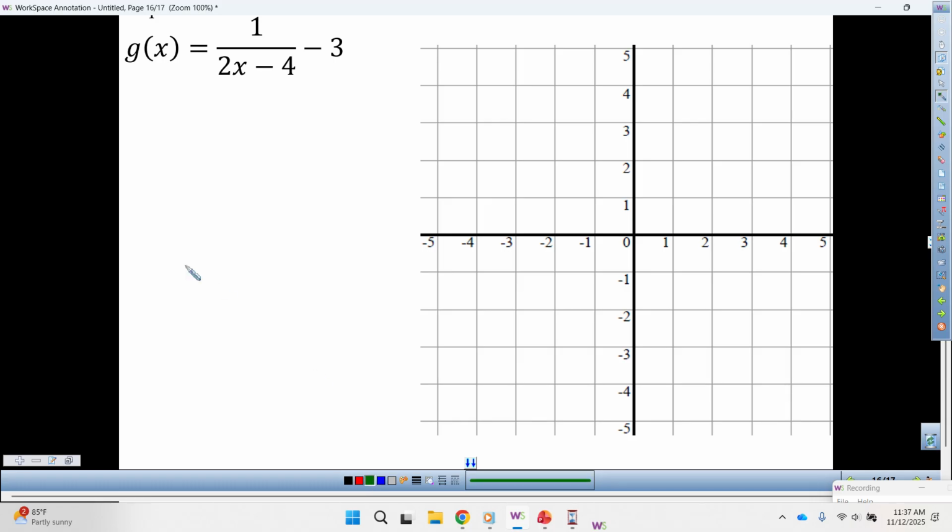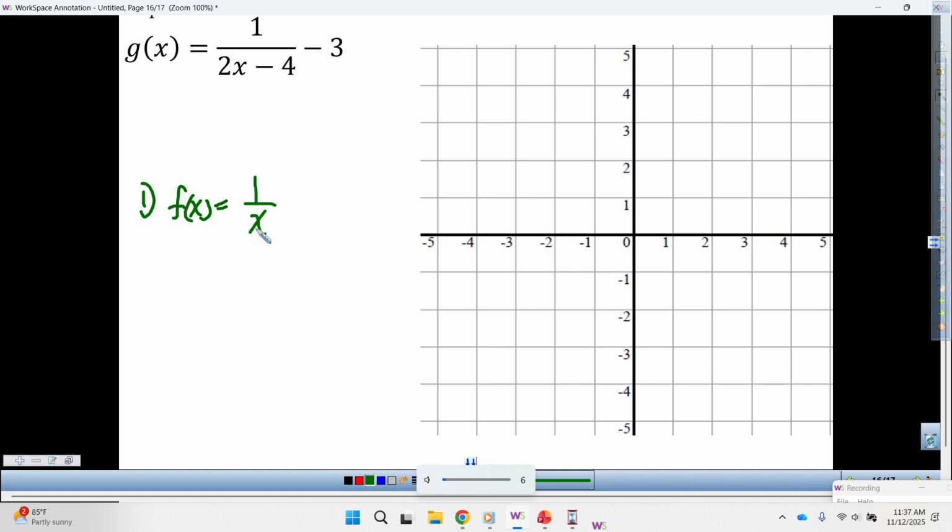Once again, step 1, we're going to graph what? F of x equals 1 over x. Stay focused, please. I'm going over this one over and over to make sure you got it. Here we go. So for this, we need our HA, which is f of x equals. Tell your neighbor what our f of x equals is for that one. 0.